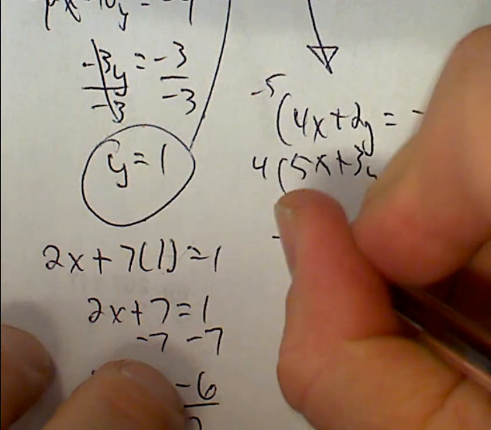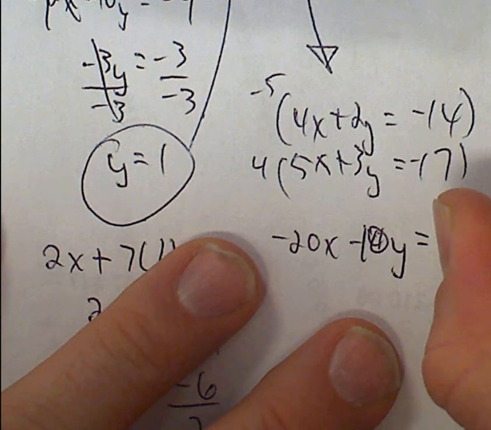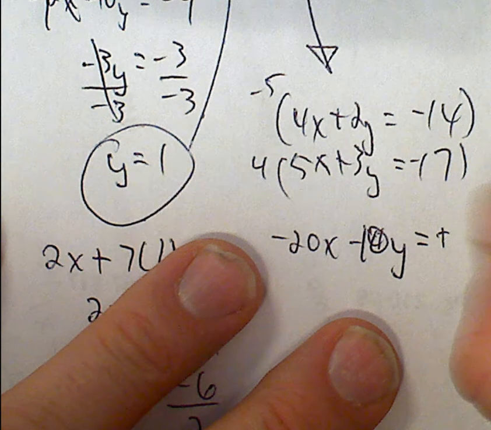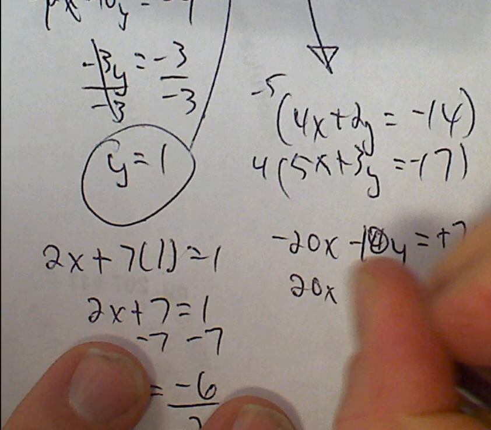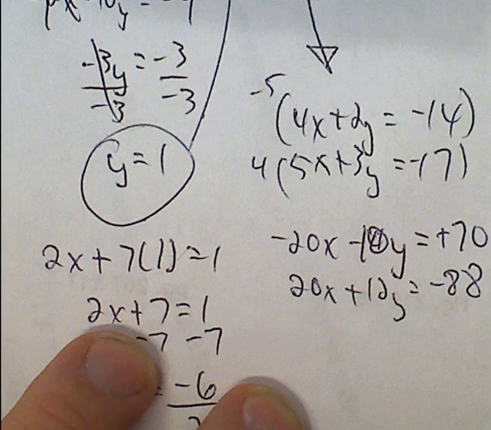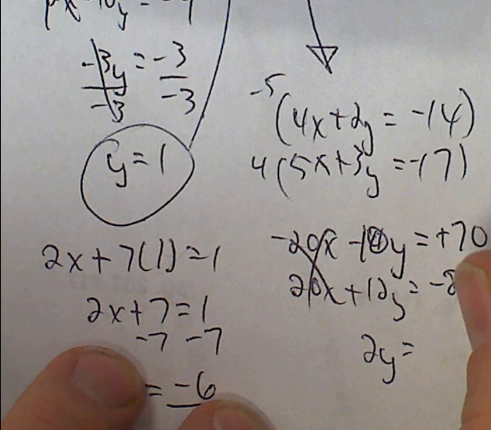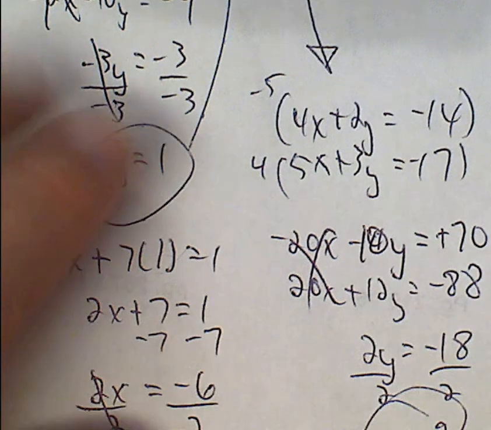So that gives me negative 20x minus 10y equals positive, so 14 times 5 is 70. Positive 20x plus 12y equals 17 times 4, negative 68. Those eliminate. 2y equals negative 18, divided by 2, y equals negative 9.